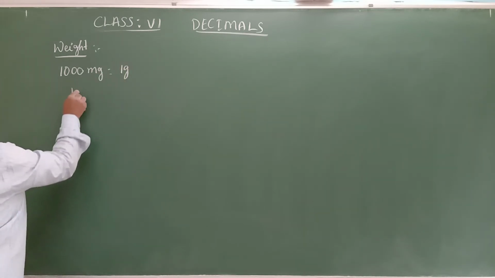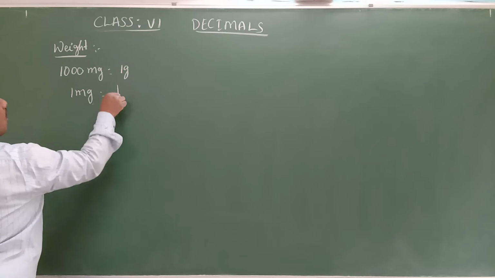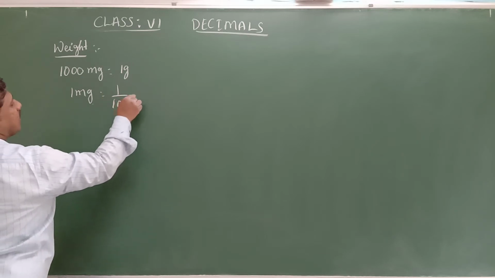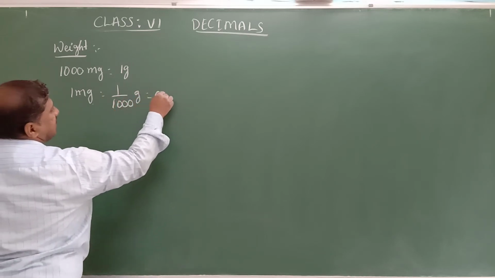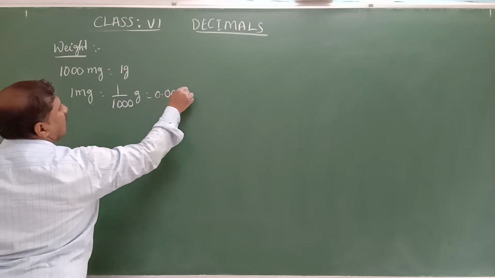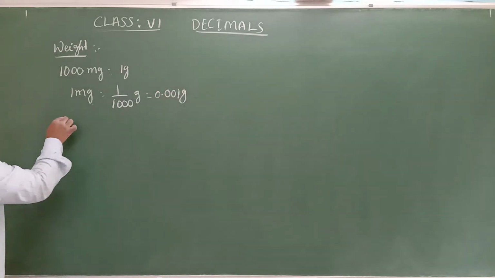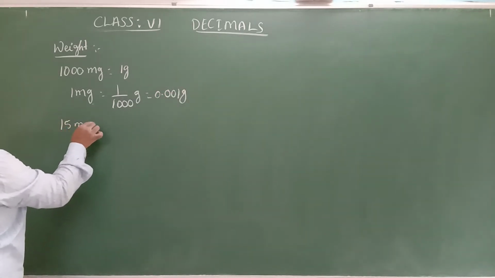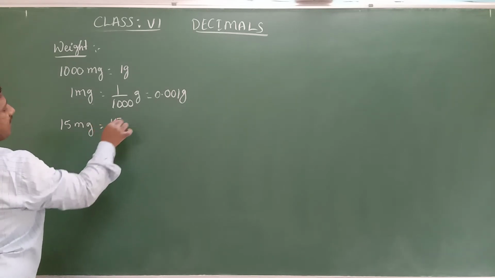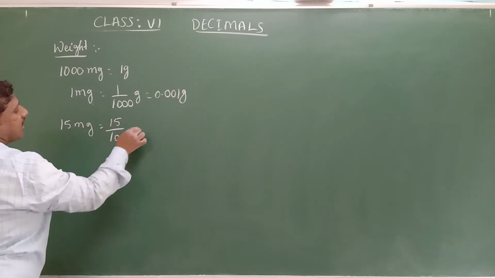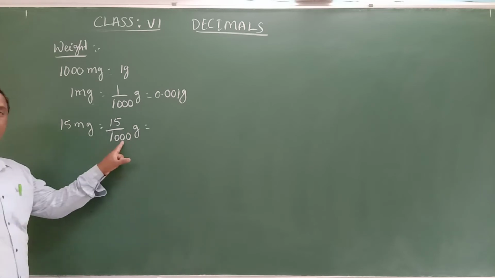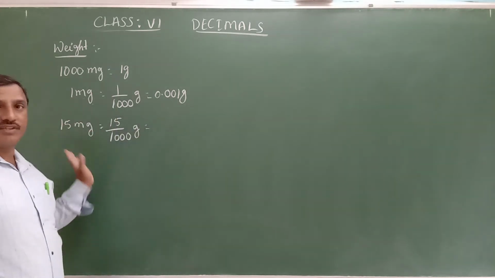1 milligram is equal to 1 divided by 1000 gram, that is 0.001 gram. 15 milligrams is equal to 15 by 1000 grams. There are 3 zeros, so keep the decimal point after 3 digits.